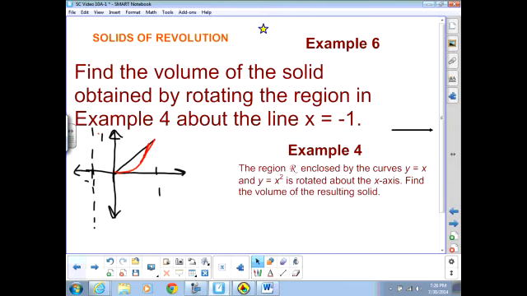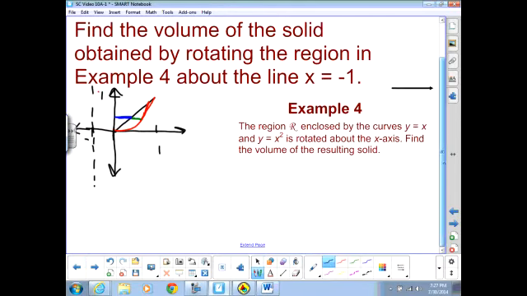So our first thing to do is draw in an example slice. Your example slice will be in this direction. That is a thickness in the y direction.